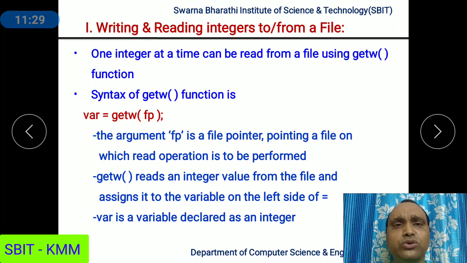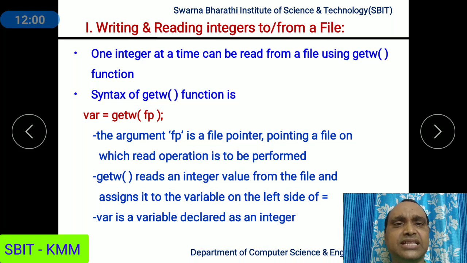And how do we use this getw function to read integer values? For that, we should know the prototype of the getw function. Prototype means the syntax of the getw function. The syntax is very simple. Here we have a variable of some data type, equal to getw, the function name, followed by one argument inside the parentheses.